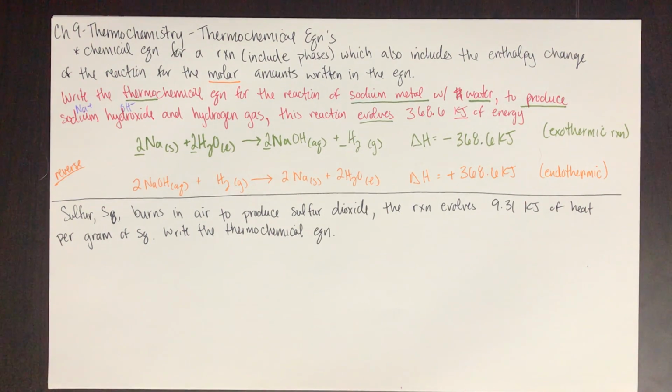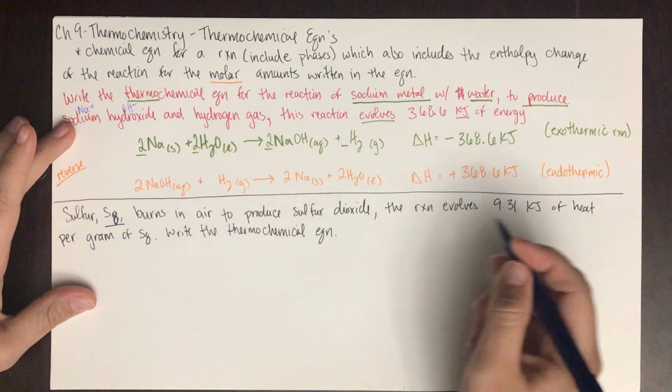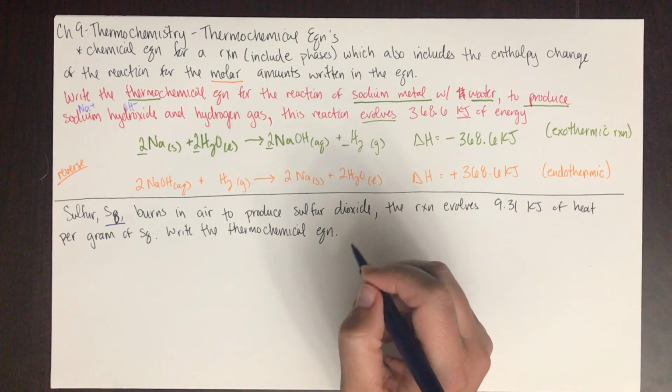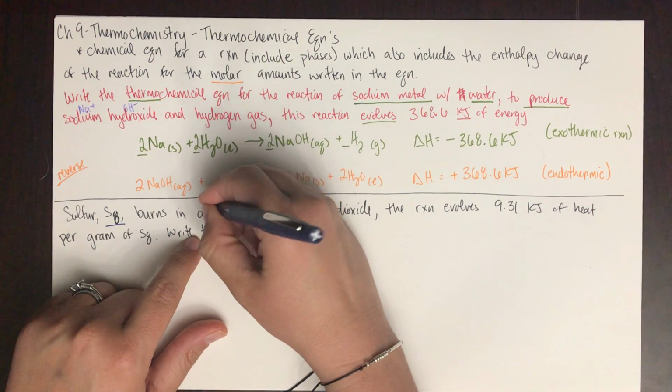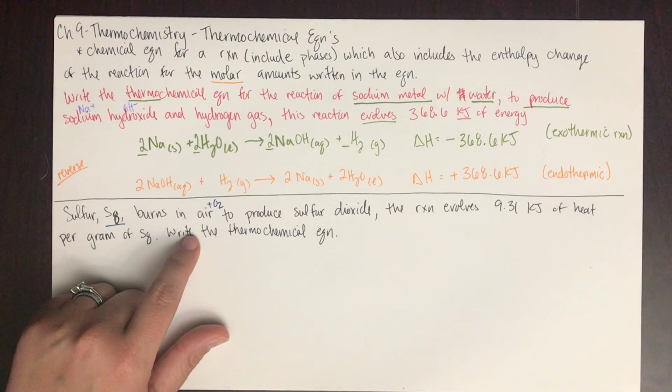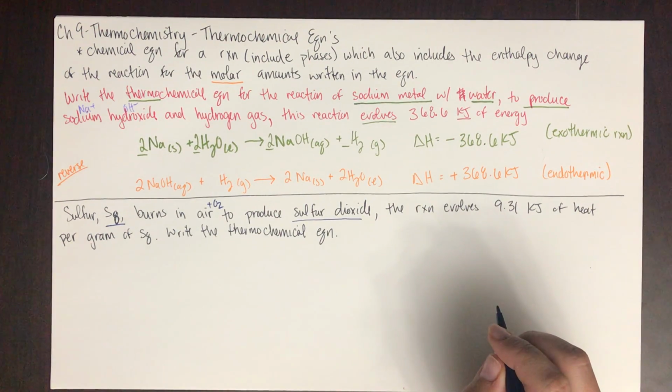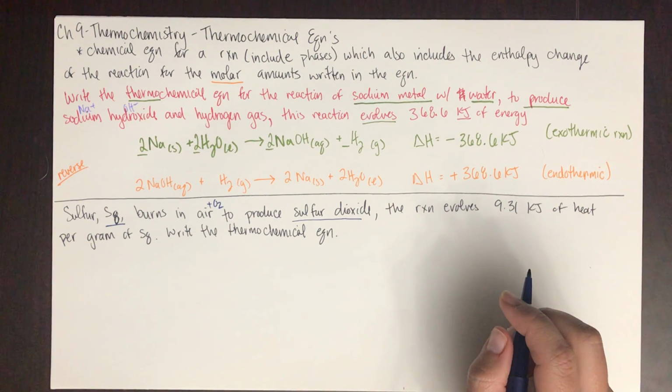Okay, so what are we going to do first? The first thing we're going to do is write the balanced chemical reaction, and then we'll go from there. So it says sulfur, S8, burns in air. Anytime something burns in air, that means you're adding oxygen to produce sulfur dioxide. So we did this back in 161, the types of chemical reactions lab.